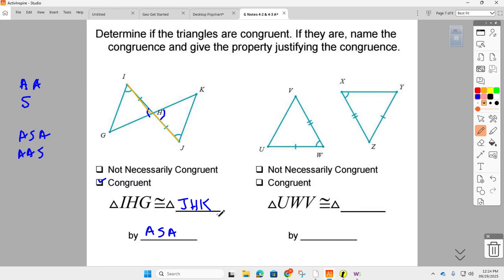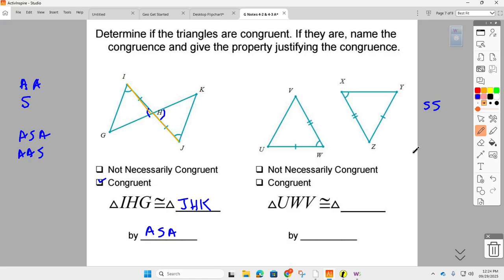So let's look at this. This is our next triangle. How many sides are congruent? 2. Are there any angles marked congruent? How many, Morgan? 1 in each triangle. Is that what you meant? Yeah.